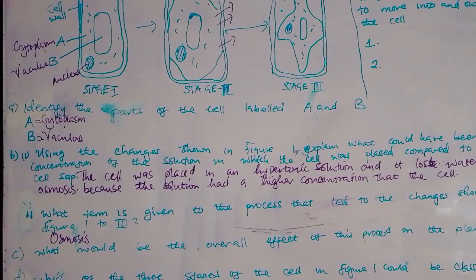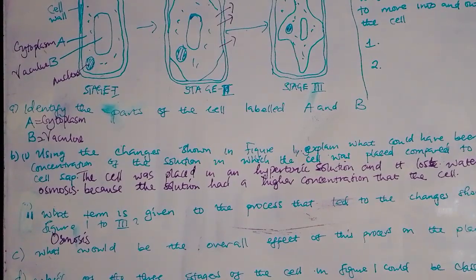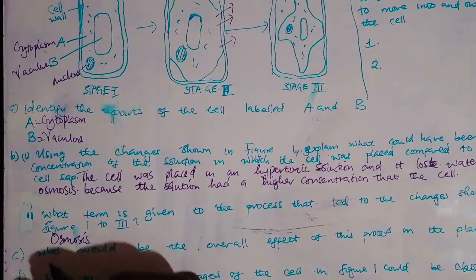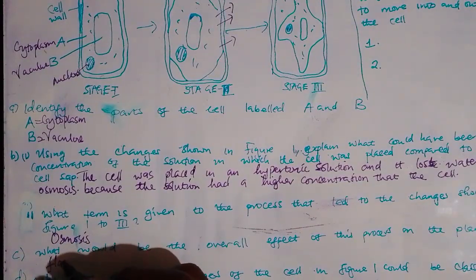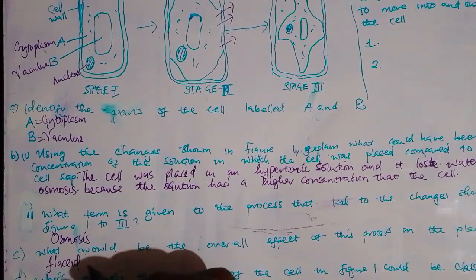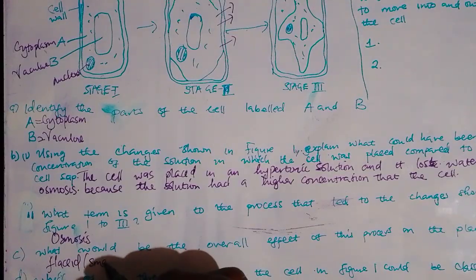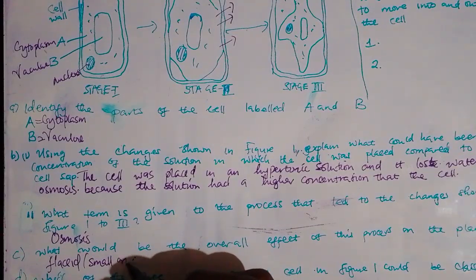Flaccid or flabby. What do we mean when we say flaccid? It will become smaller and weaker. So the cell will become flaccid, meaning small and weak.